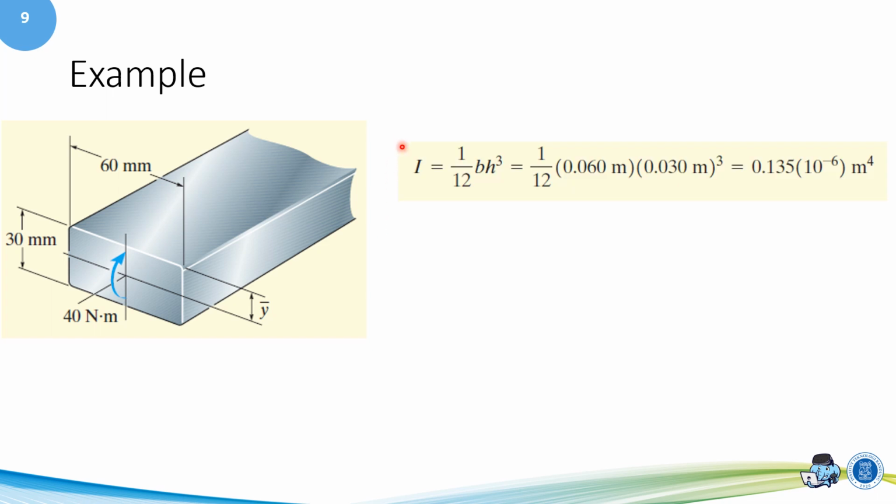We can calculate the moment of inertia using this equation because the shape of the cross-sectional area is rectangular. That's why we can use this particular equation. After we calculate all, this is the result of the moment of inertia.